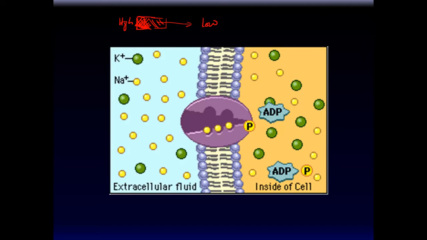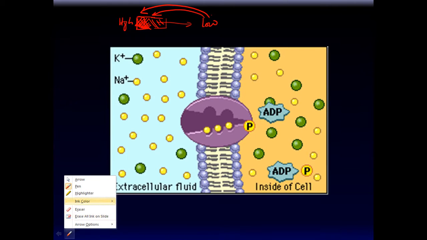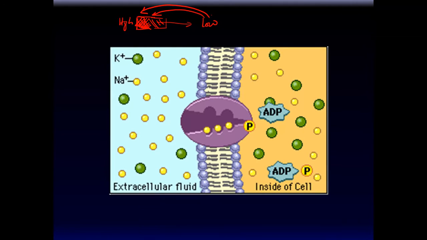Now, what if you wanted to move things from an area of low concentration to an area of high concentration? That's not the natural disposition of things. So when you try to move things from low concentration to high concentration, that is going to require energy.